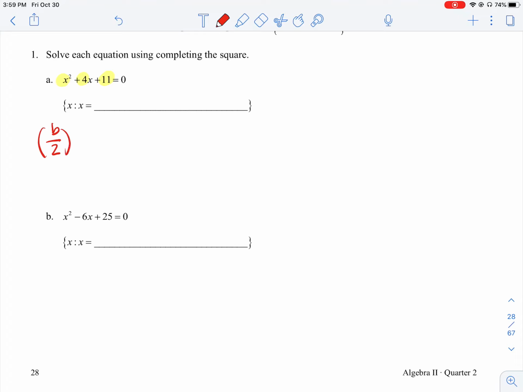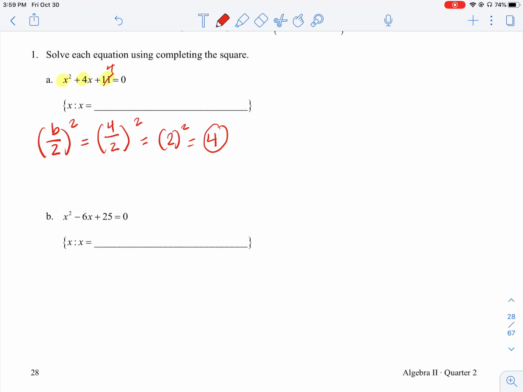If I have to do b divided by 2 squared, you're going to get 4 divided by 2 squared, because our b is 4. And so this is 2 squared, and that is a 4. And so that number right there after the 4x is supposed to be a 4.